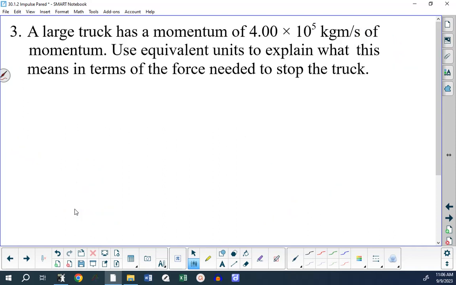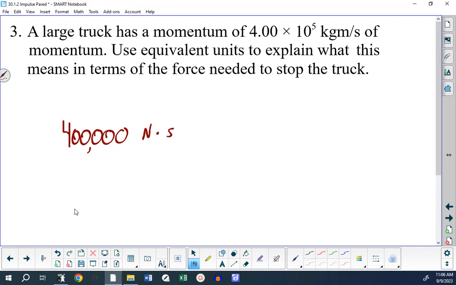Number 3: a large truck has a momentum of 400,000 kilogram meter per second. It says use equivalent units to explain what this means. Well, I'm going to use the equivalent units of Newton seconds.